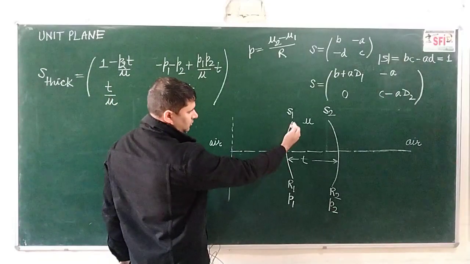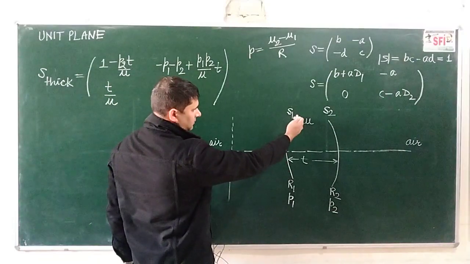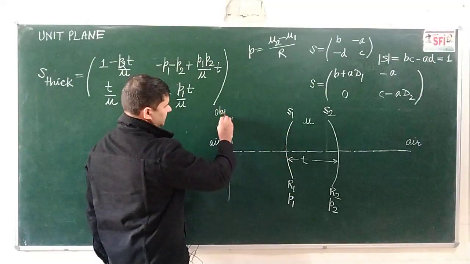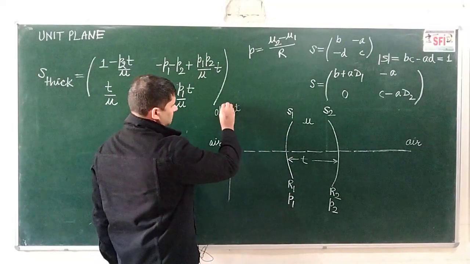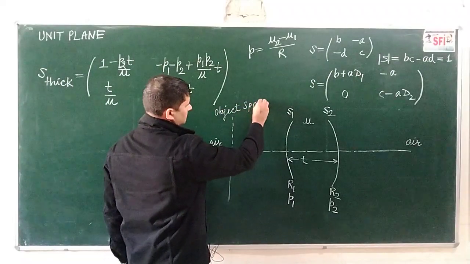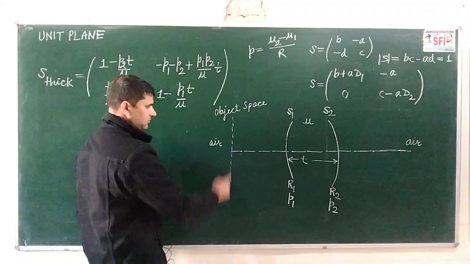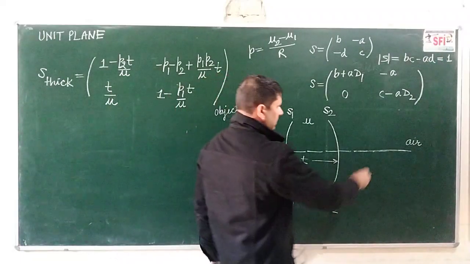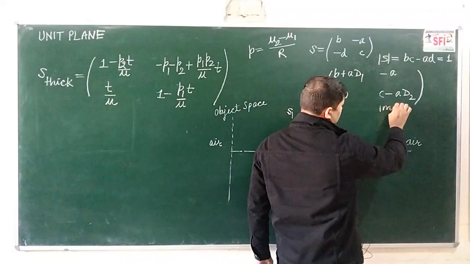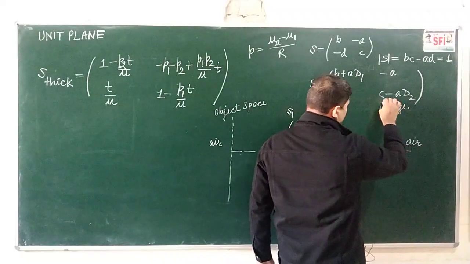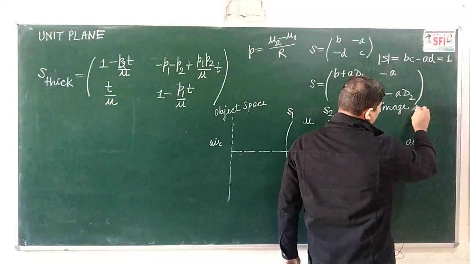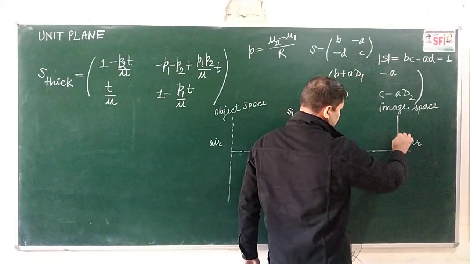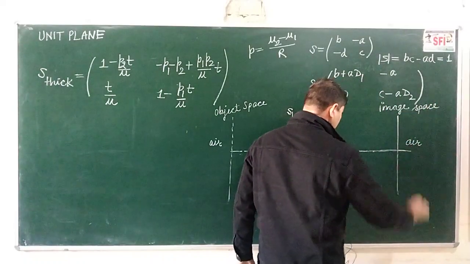The space on the left hand side of the first refracting surface S1 is called object space. In object space we have the object plane, and this is the image space, where you will get the image.